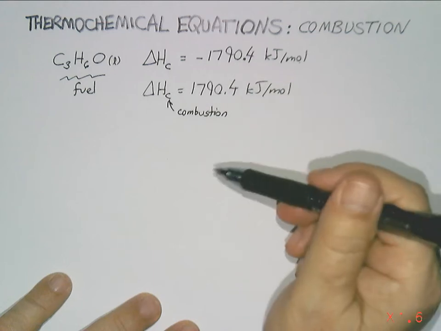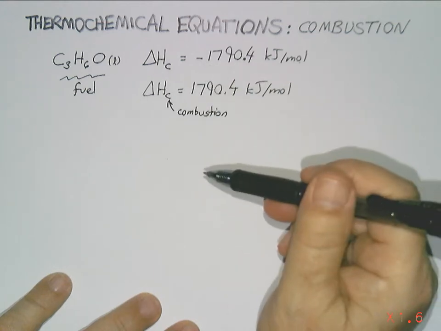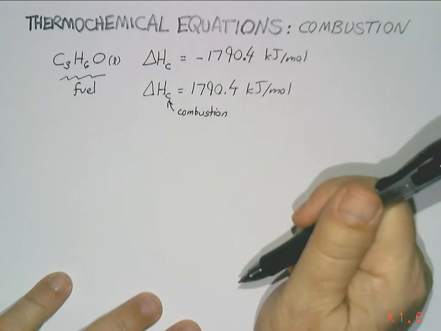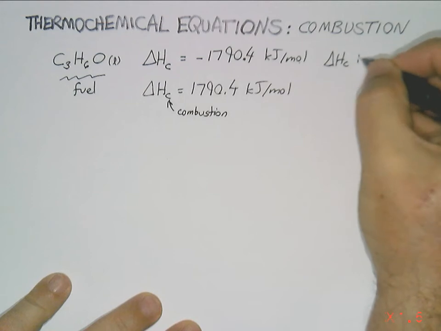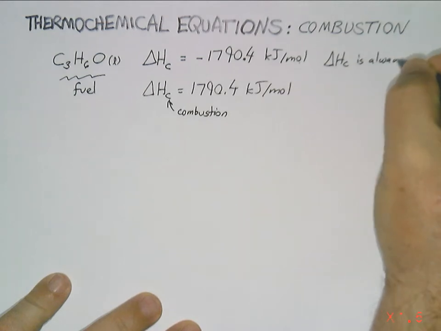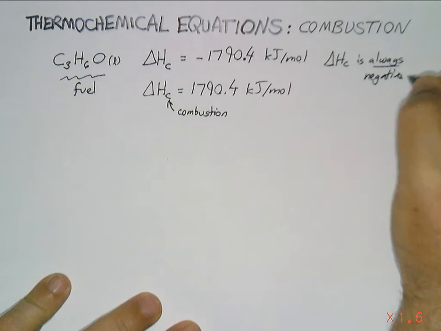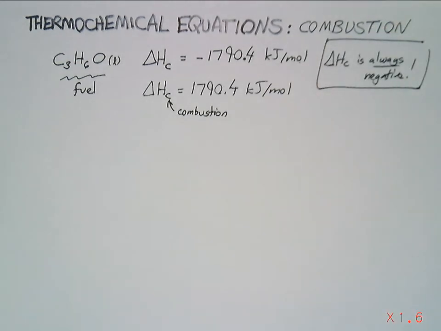They'll expect you to know that this has a minus sign because it releases heat, that it is what we called in another video an exothermic reaction. So delta HC is always negative. Whether they write it down or not for you, it's always going to be negative.